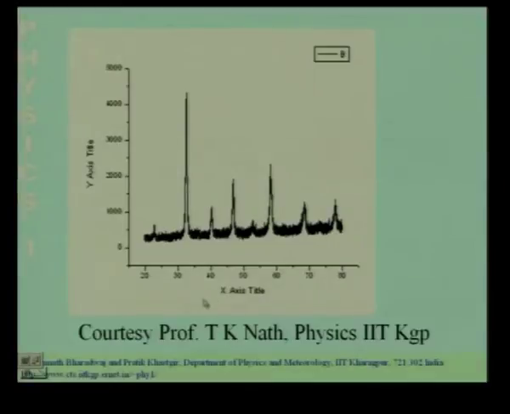In this picture these lines are the X-ray maxima, and what you can get from the X-ray diffractometer is the intensity and the angle where you have the different maxima.